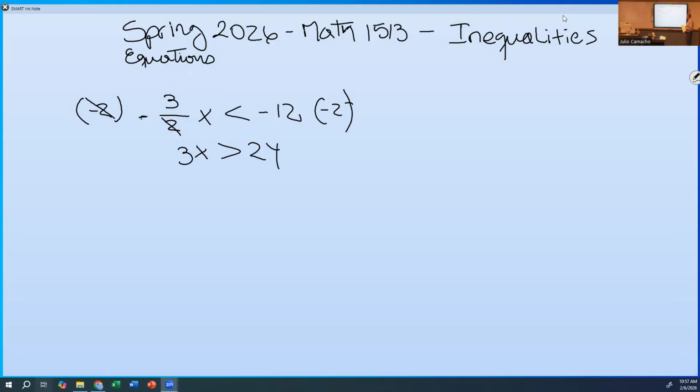So that is the other example. When we multiply both sides by a negative number, I have to change the direction of the inequality symbol. In the beginning it was less than, now it's greater than. And then I complete as we did before. To isolate my x, I divide both sides by 3, and x is greater than 8.